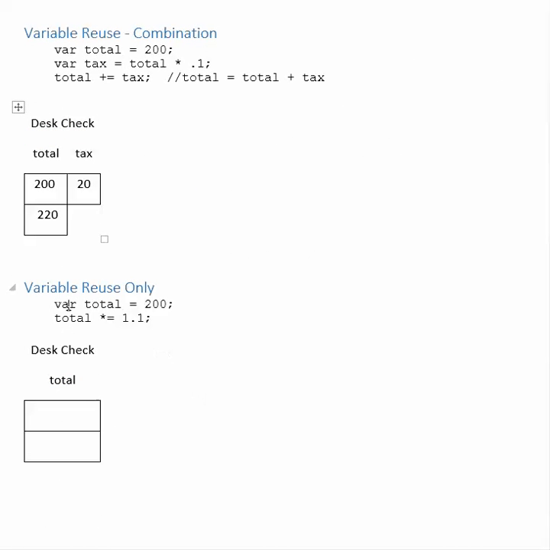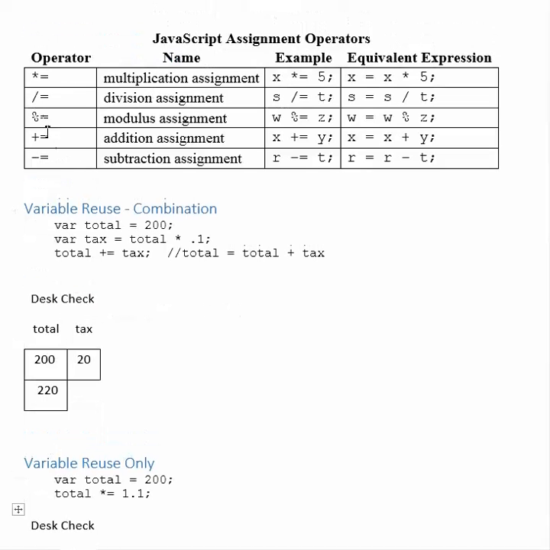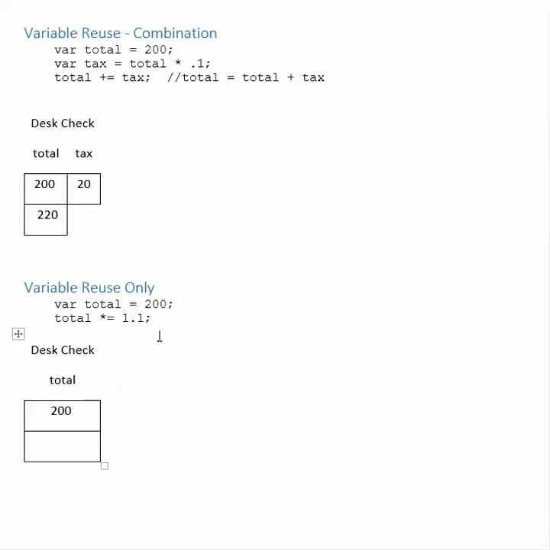We're going to come down here now to where this code uses just one variable throughout the entire thing, and it's going to be doing the exact same thing this one was doing, but we're going to do it in 2 lines of code using an assignment operator versus 3 lines of code. So once again, our total initializes at 200, but this time we're going to use the multiplication assignment operator, which is the equivalent of total equals total times 1.1.